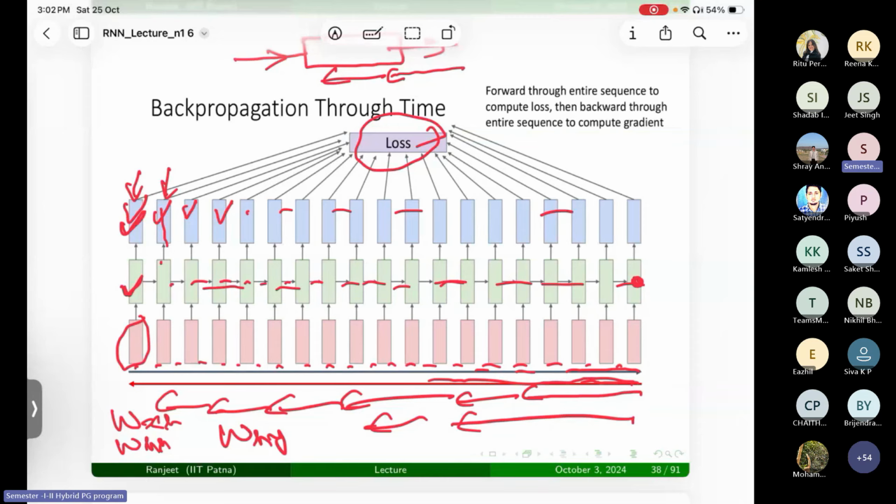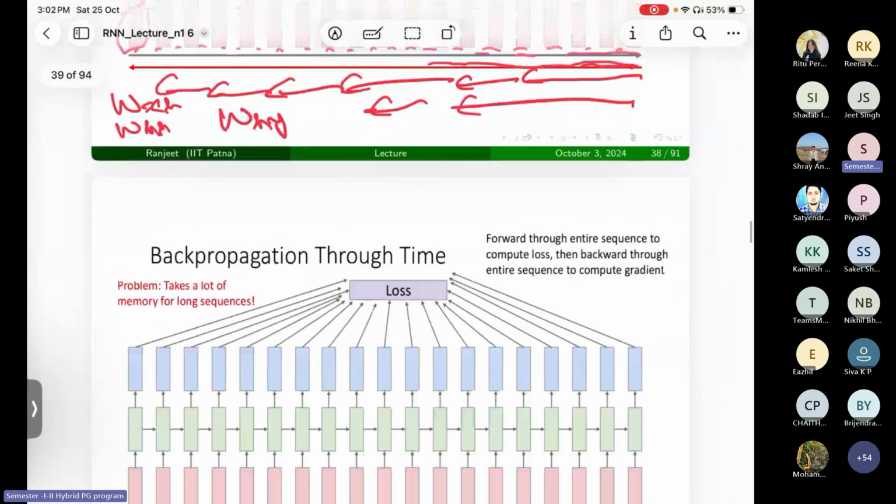If you are processing every input, finding the loss, and then going back to do backpropagation, then what should I do? Because if I process the entire sequence, there is a problem. What should the alternate way be?